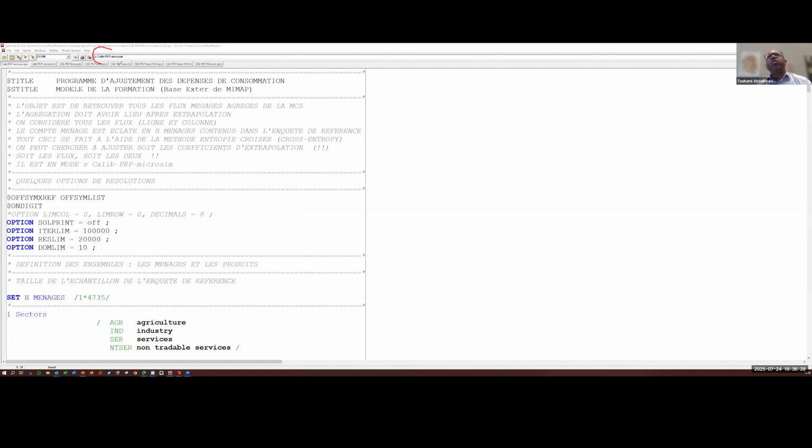Can you see something here? Shahir? Yes, Calib Microsim, with some S here. Yes. The small S here is to tell GAMS to save.